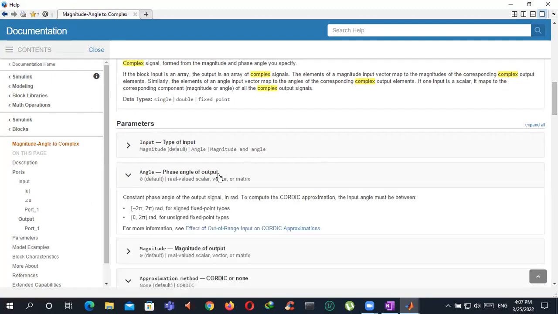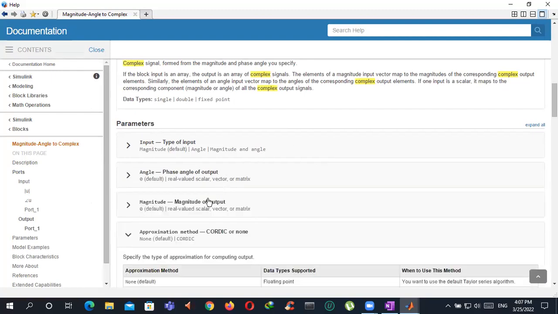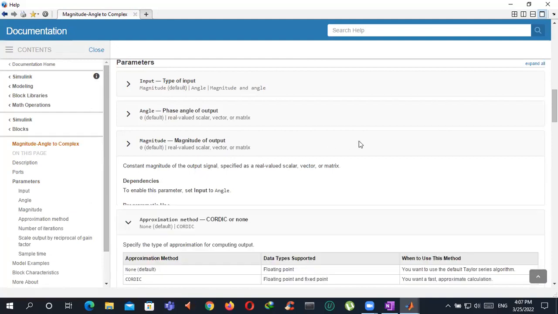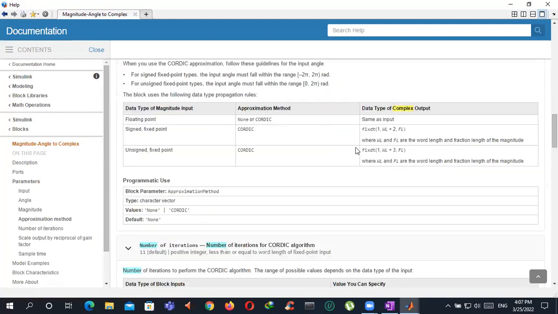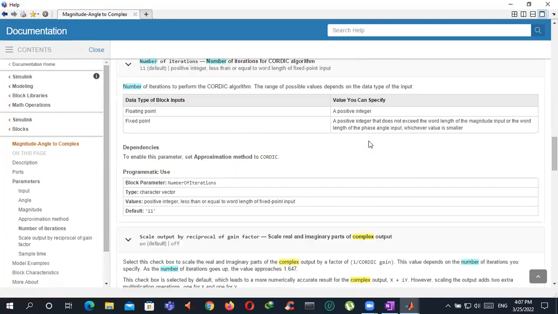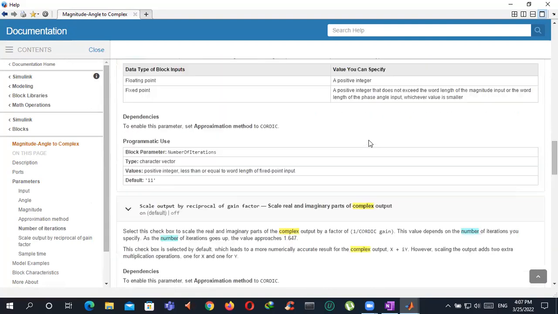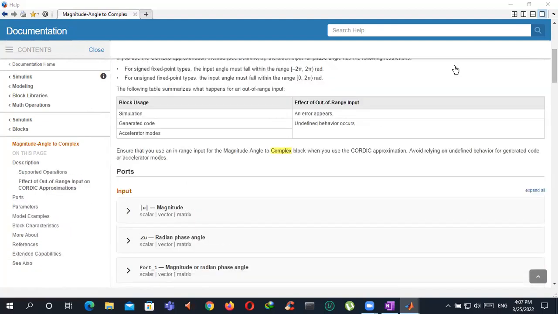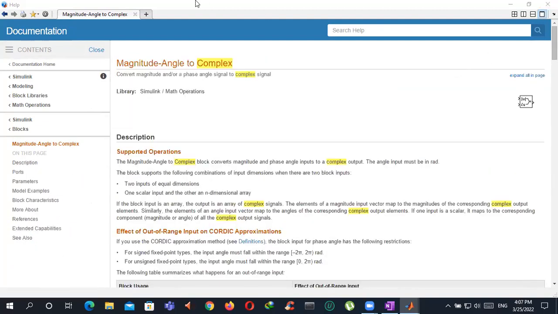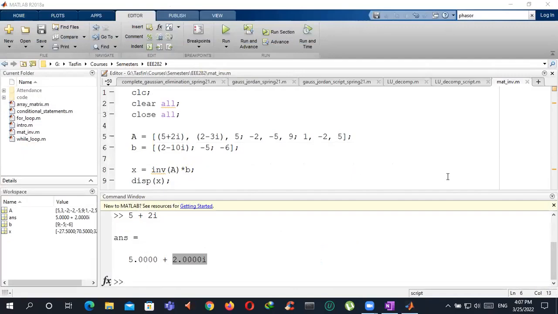I will have the angle parameter and the magnitude parameter here. I will have a look and I will let you know. You can have a look as well. Okay, thank you. But MATLAB can deal with it as far as I can recall.